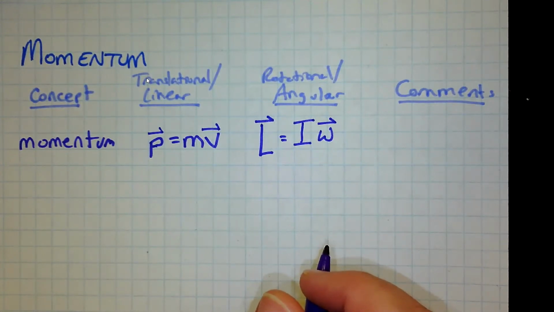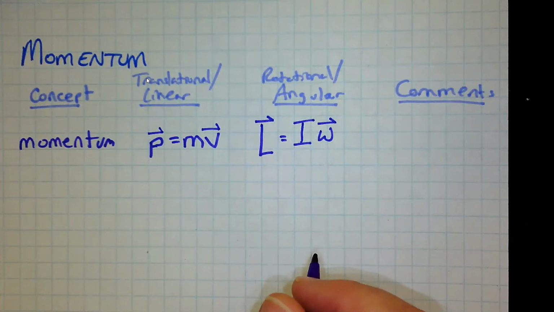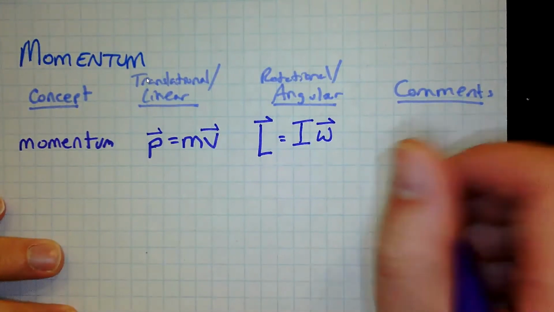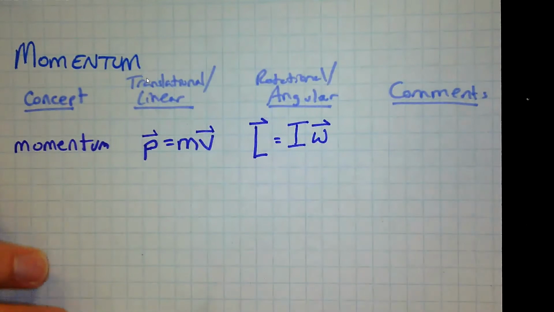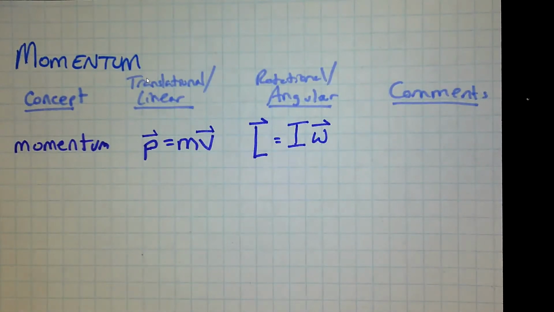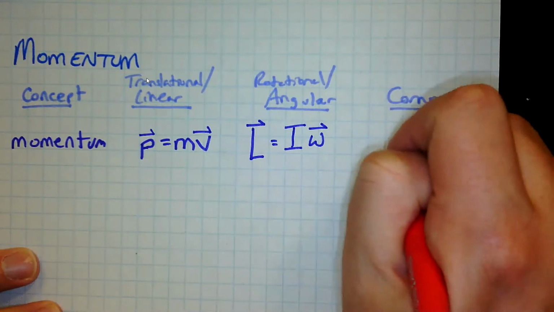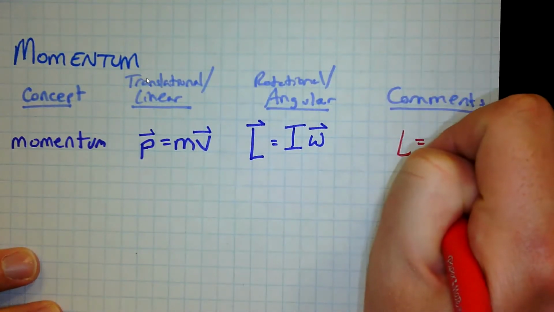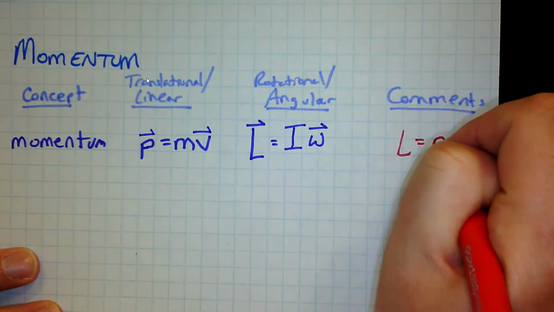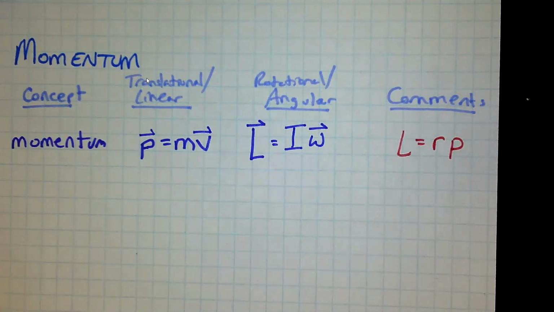Make sure I'm saying this right. Yeah. There's a connection here that we won't use very often. I don't even think I put it on the equation sheet, but it turns out that angular momentum is the radius times linear momentum.